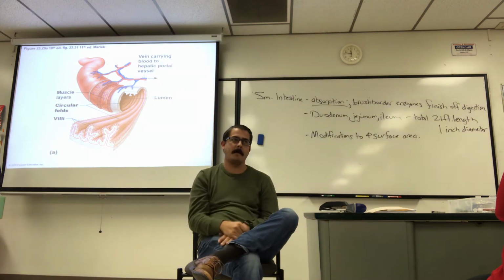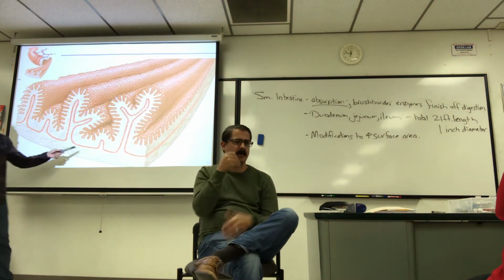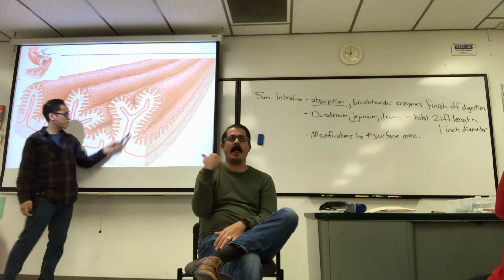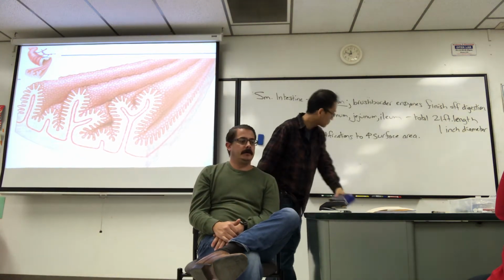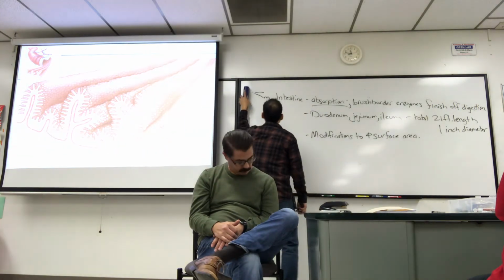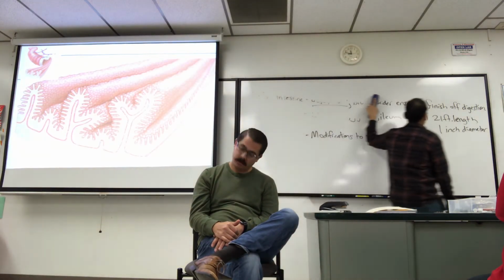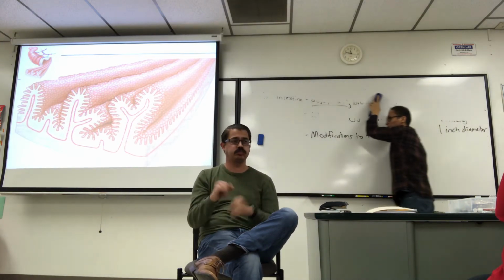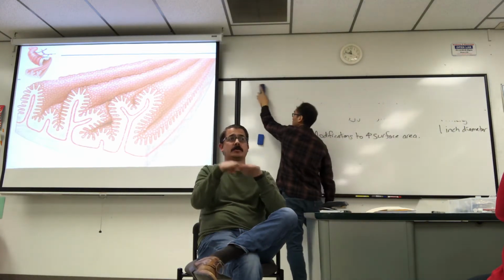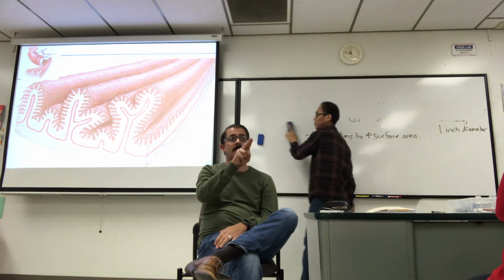And so, if you look at a close-up of here, I'm going to draw this red line here. You can see how folded it is. So let's remember our layers of the GI tract wall: mucosa, submucosa. The other layers aren't shown here.